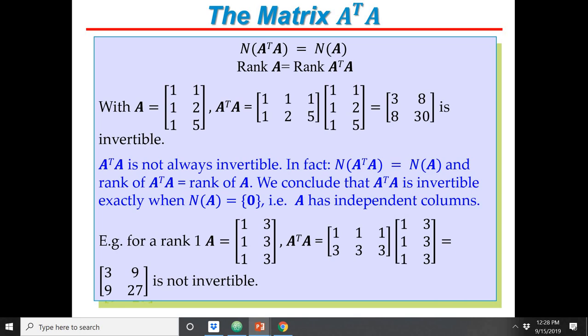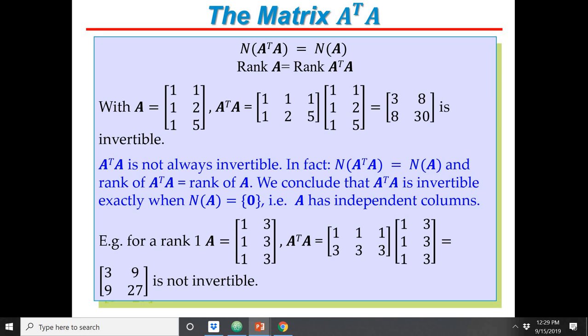So here's another example. Obviously, the 2 columns are dependent. So if you take A transpose A, you get this nice matrix, and you can see that this matrix is not invertible. Okay, so the null space here is one-dimensional. You can immediately see the vector -3, 1 is in the null space, and that's what leads to A transpose A not being invertible.